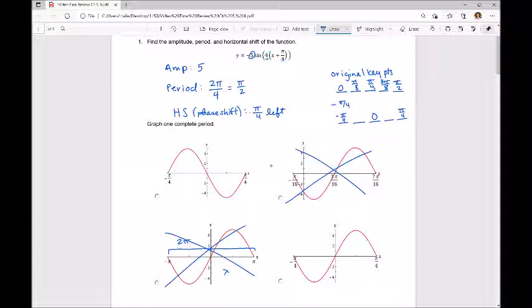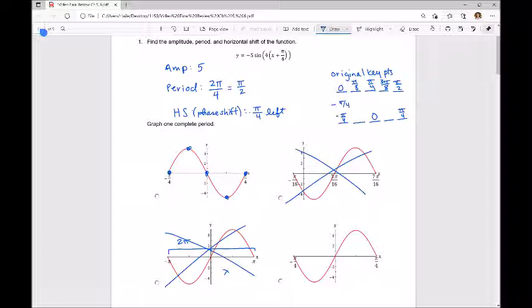Well, if you go back and look at the original function, we have a -5 multiplied by sine. So that negative tells us that we want a reflection over the x-axis. When we graph a sine curve, normally we would start at our first key point and go up to the top, back down to the middle, down to the bottom, and back up to the middle.